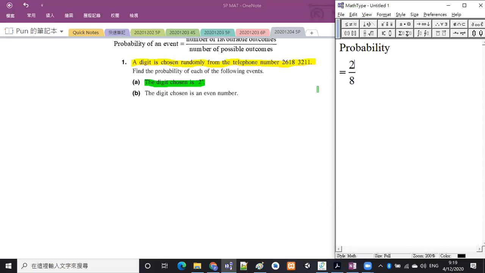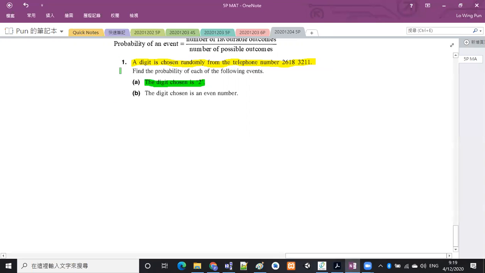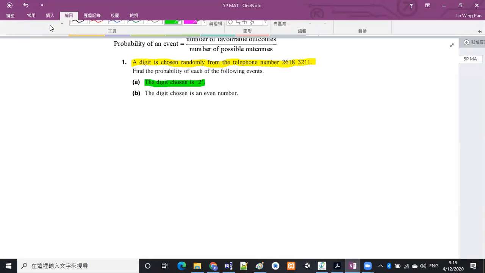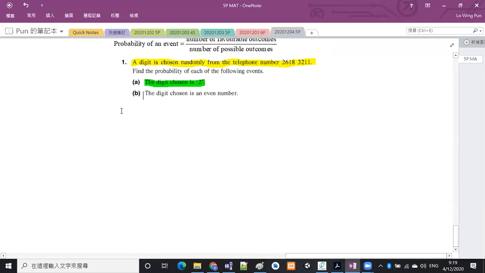So the probability is equal to 2 over 8. And then you just need to simplify this fraction. That is 1 over 4. Okay? And that is the answer of part A.